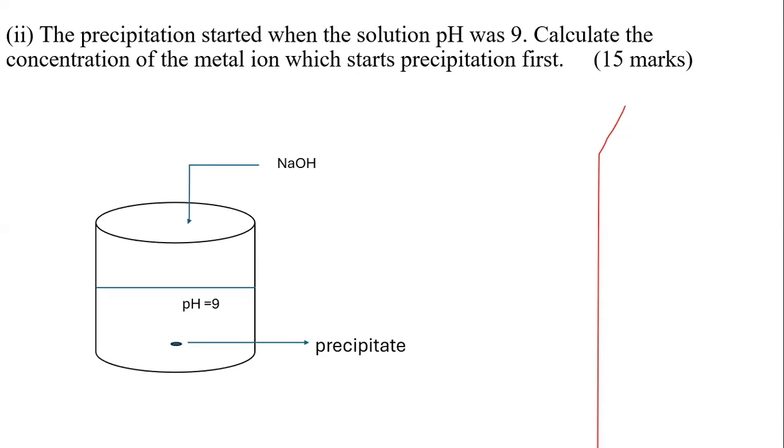So you have a solution of pH 9; at that time a precipitate just started forming, by adding sodium hydroxide. What is the first precipitate that will form, although selective precipitation is not possible?